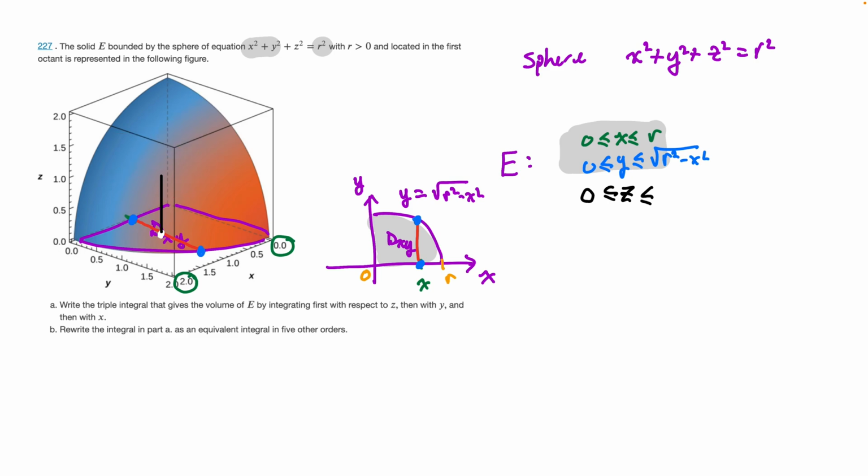Let's make another white dot there. So on that black line segment, z values are as small as 0 and then as large as whatever it is on the sphere. So the sphere is given by this equation. We solve that equation for z and find that z has an upper bound of the square root of r² minus x² minus y².